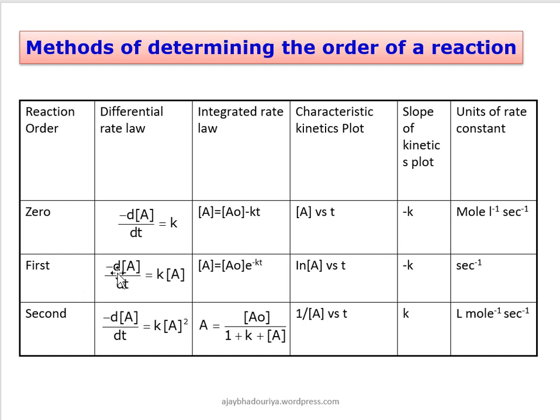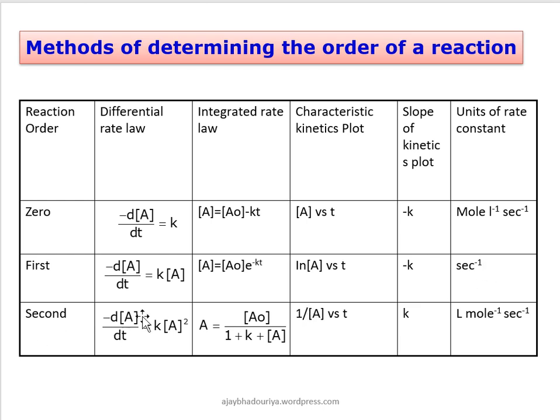For the first order reaction, differential rate law is minus dA by dt is equal to K into A. A means the concentration of only one of the reactants. So integrated, A is equal to A0 e to the power minus Kt. It means in this equation we plot a graph ln A versus t, and the slope will be minus K. Unit of the first order rate constant is second inverse.